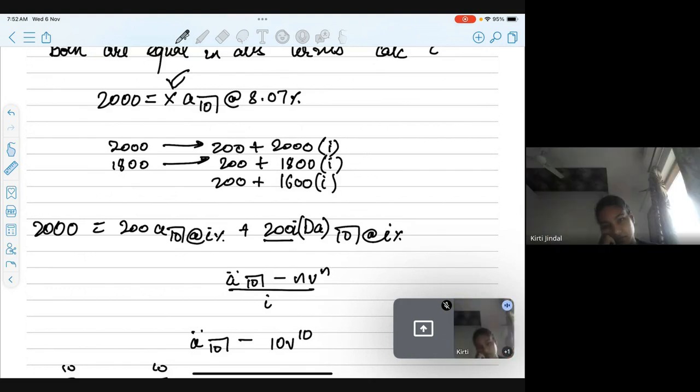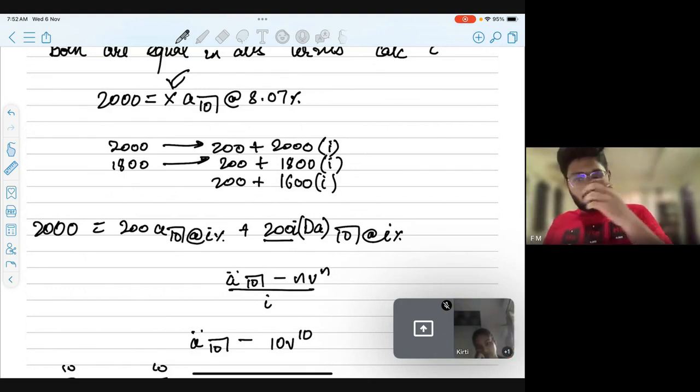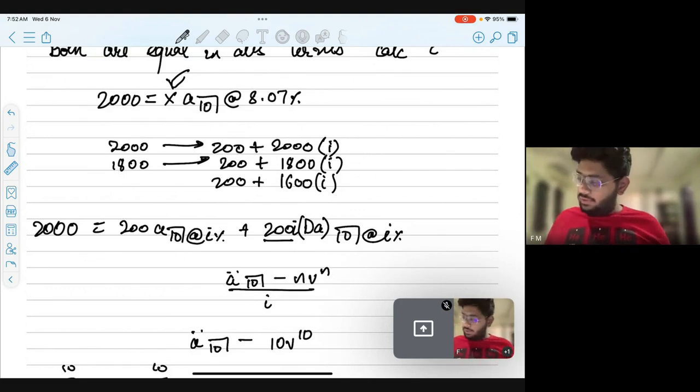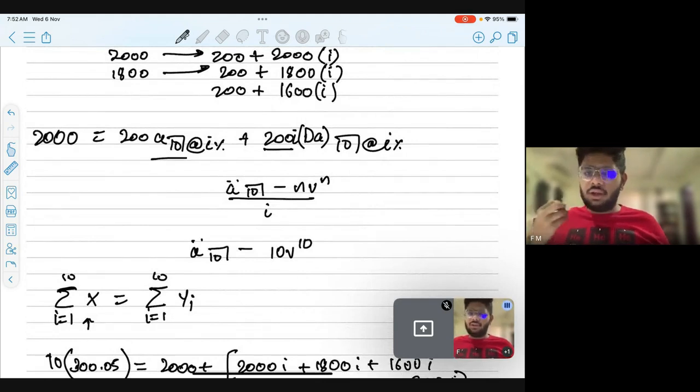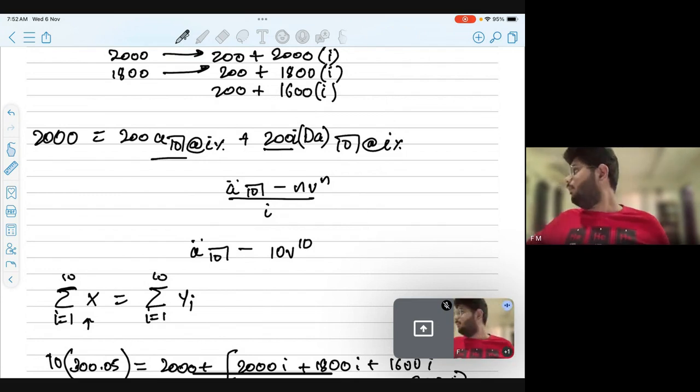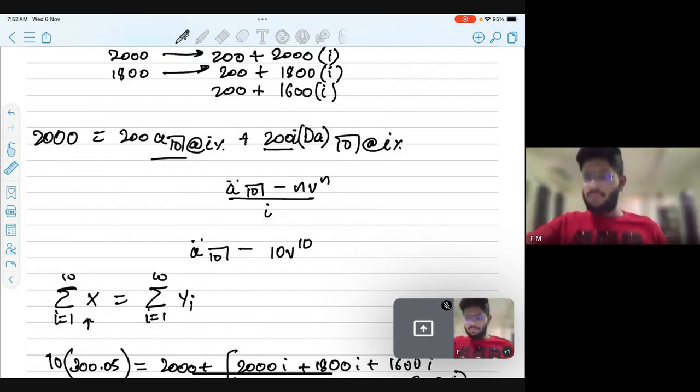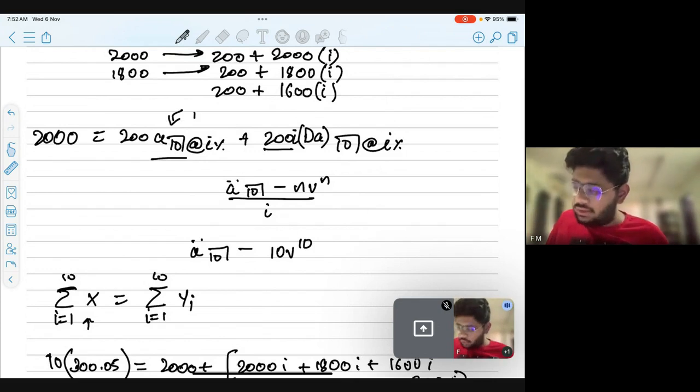Okay. This will be so complicated. There is an A10 figure, there is an ADU10 figure, there is an NVN figure. To solve this numerically will be very difficult. And let's say I actually solve it. I know the answer to be 9%.